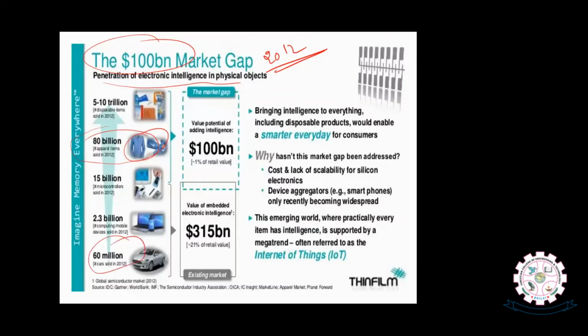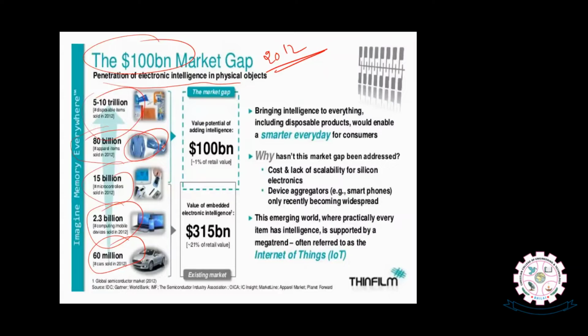The car industry and then the electronic industry, you see that 2.3 billion, that is in that range. Every device you name, and various disposable items, even in 2001, was a 5 to 10 trillion market.